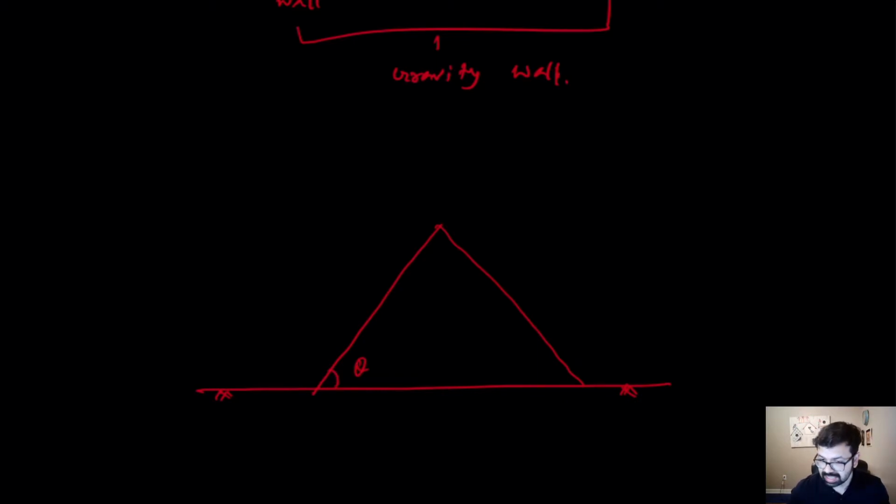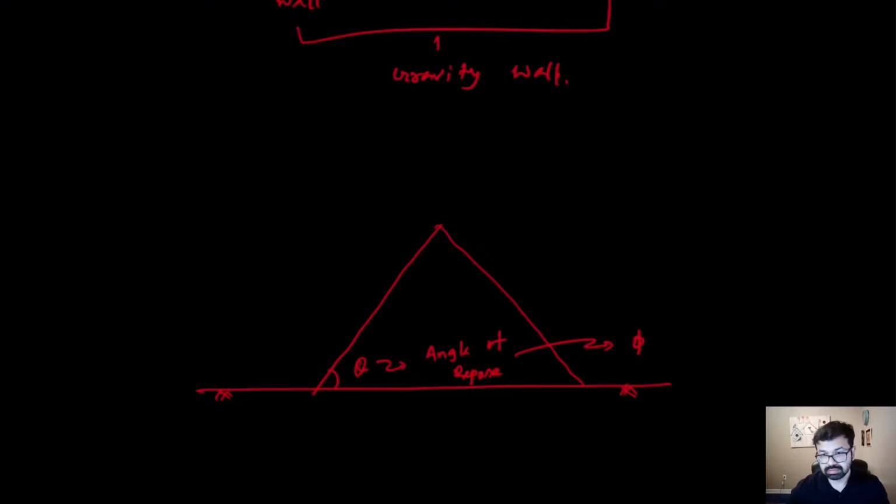So let's say this angle is theta, and this angle is known as the angle of repose. The angle of repose means the soil itself is stable, but it creates a certain angle depending on the frictional capacity between the soil particles. So basically, this angle of repose is nothing but the phi, or the friction angle, of a sand.